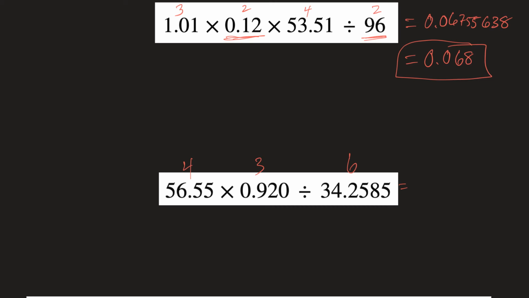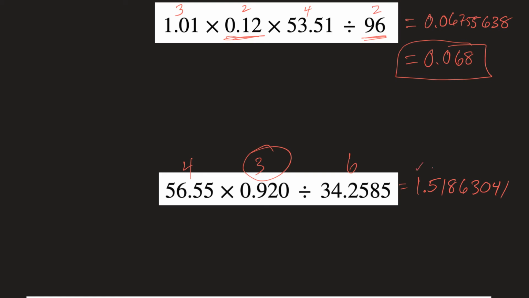So let me go ahead and punch this in, 56.55 times 0.920 divided by 34.2585. And my calculator spits out a very long number, 1.51863041, but we only want three significant figures.